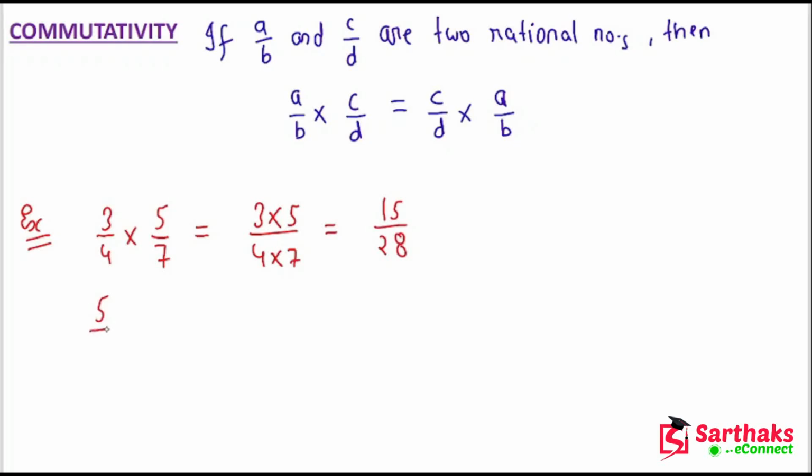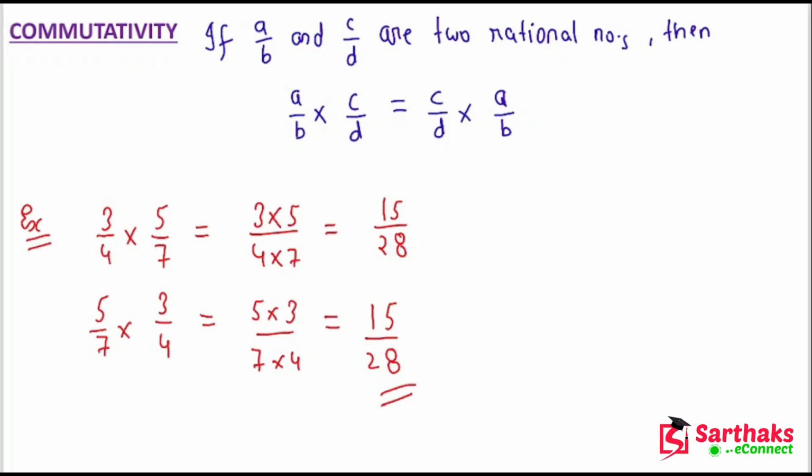Now let us multiply 5 upon 7 into 3 upon 4. So we will have the same answer. Clearly, you can see by reversing the order of multiplication, the answer remains the same. So, multiplication of rational numbers is commutative. It is very easy, right?